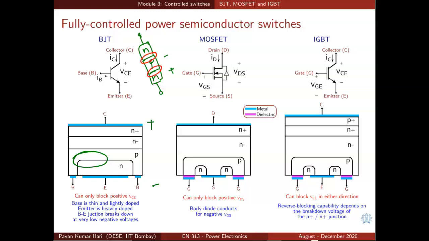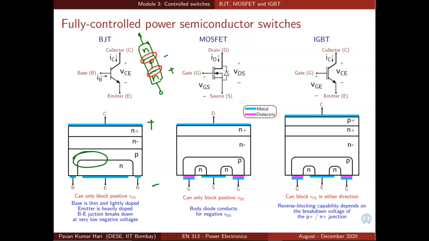Theoretically it is correct, but because of the doping concentrations involved, which are essential for the circuit operation, the conduction of BJT is because the base is lightly doped and very thin. The emitter also has to be heavily doped for the BJT to conduct.